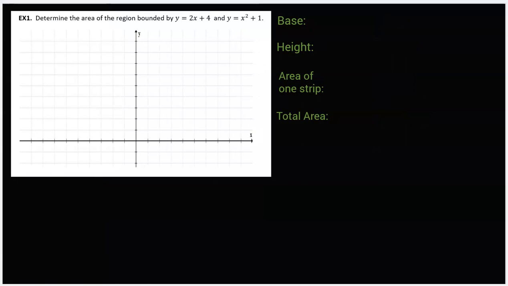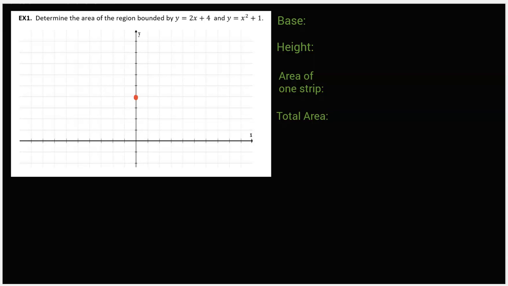So suppose you have the function y equals 2x plus 4, that's a line. Let me just draw that, 2x plus 4. The y-intercept is 4, so 1, 2, 3, 4.